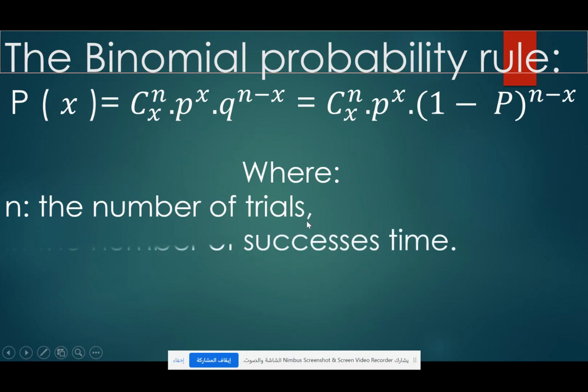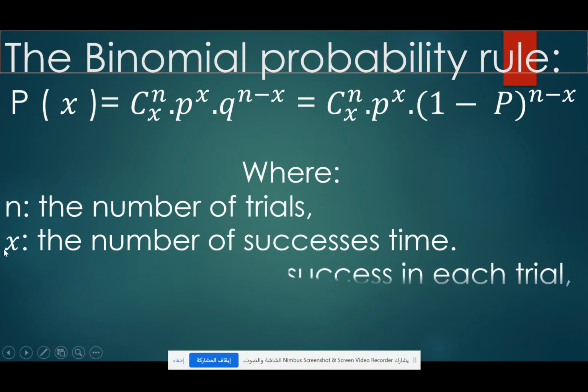And x means the number of success times. For example, when you are tossing it, you want to find the probability of getting head. So when you get head, you get a success time. And if you don't get head, you get a fail time. So the number of success times, we are going to call it x.